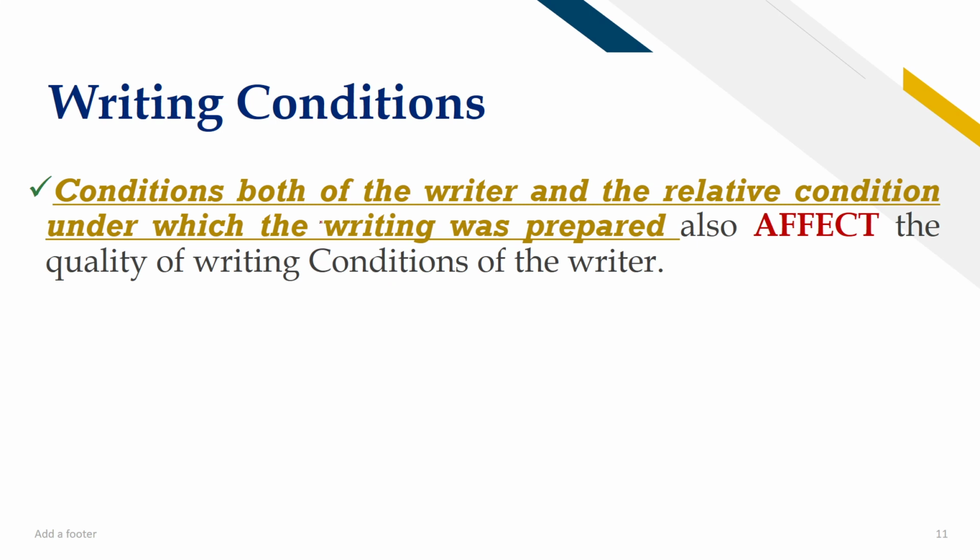So condition, both of the writer, take note of that, relative to the condition under which the writing was prepared, because it will affect the quality of writing. Like for example, if the writer, these are intrinsic factors, no, yung pang kalooban sa loob ng tao, or these are uncontrolled factors, like yung tao may sakit habang nagsulat, like for example, the person was drunk or intoxicated when he writes.